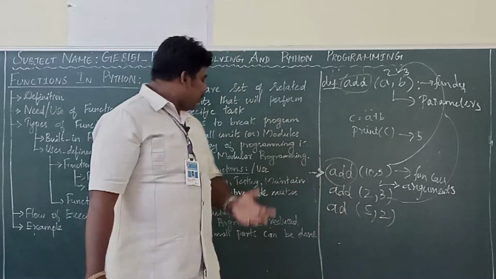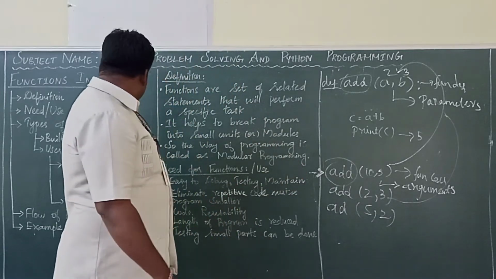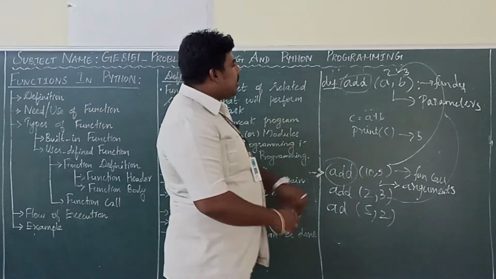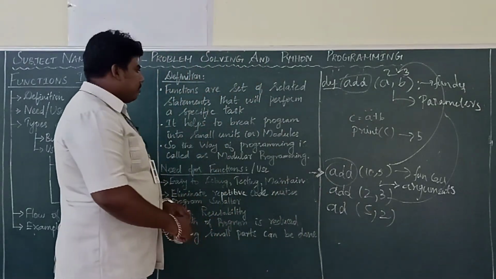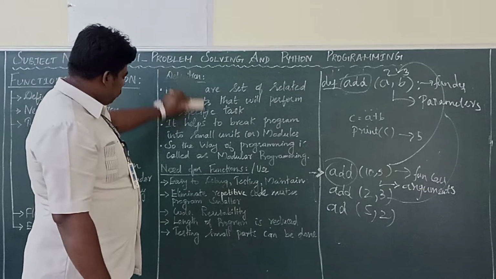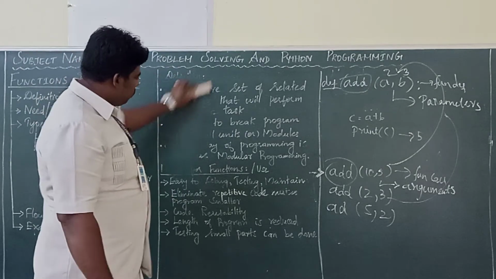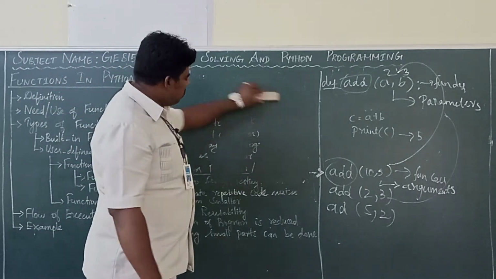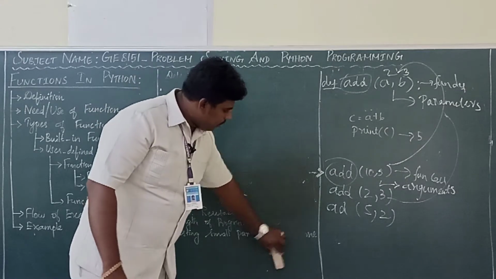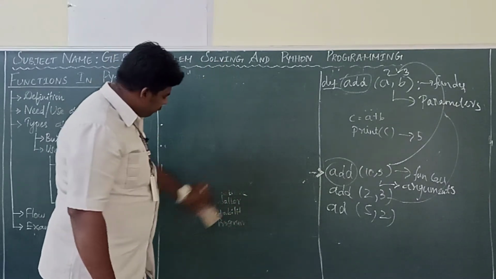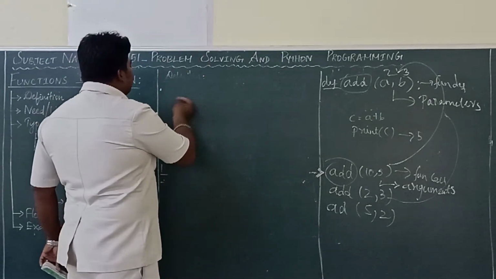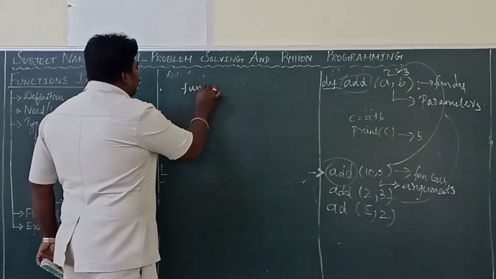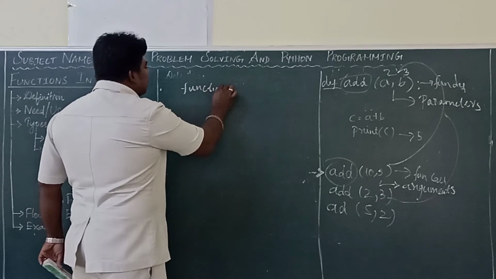Okay. So these are the rules. What are the rules? Three things you have to know in the user-defined function. One is the function definition.